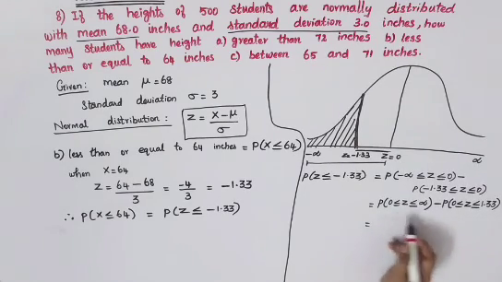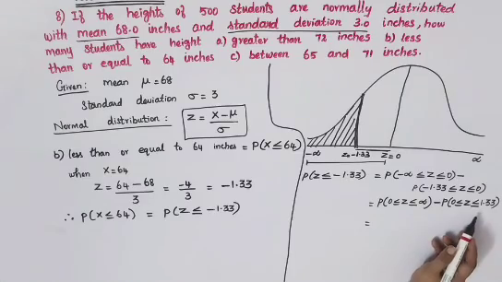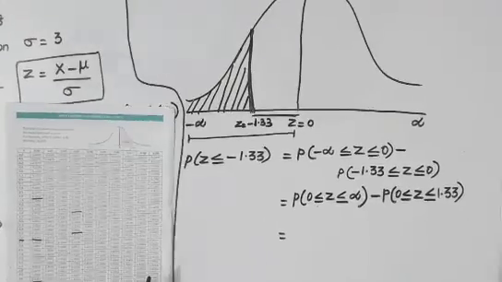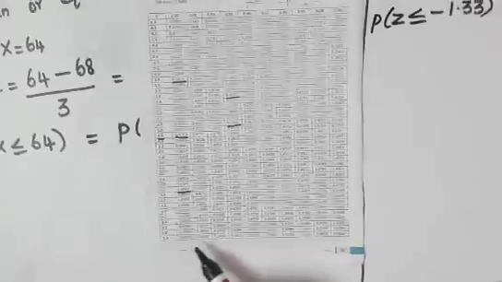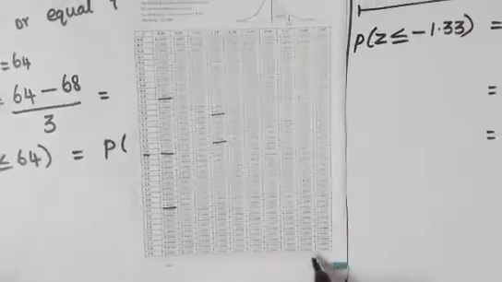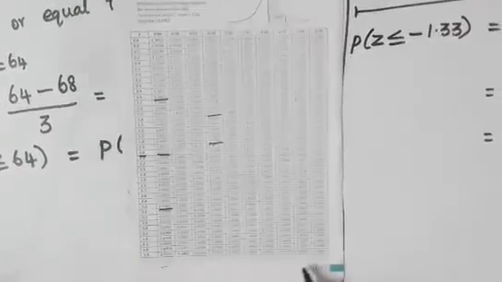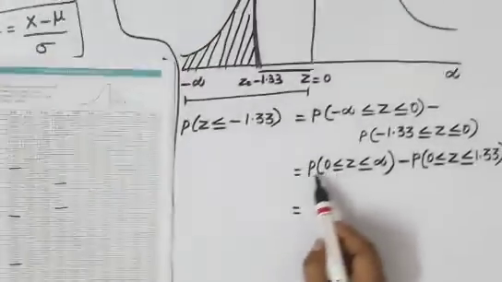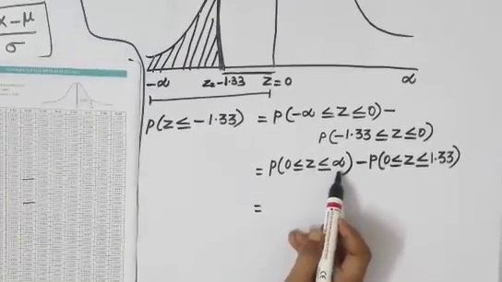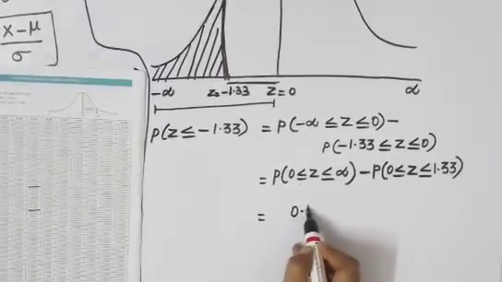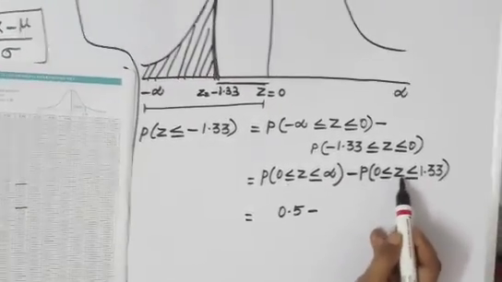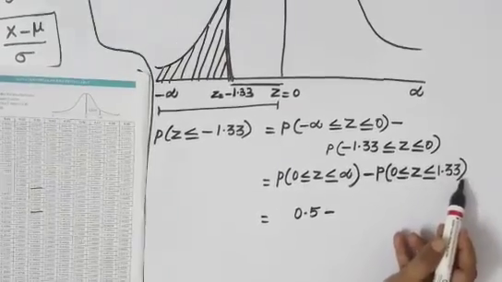Now we have to get this value in your normal distribution table. For P of 0 less than or equal to Z less than or equal to infinity, you can see in your table at 3.9 the value is 0.5. After that also the value is constant, so even if it goes up to infinity you get 0.5 only. Therefore P of 0 less than or equal to Z less than or equal to infinity is 0.5, minus P of 0 less than or equal to Z less than or equal to 1.33, which you have to find.